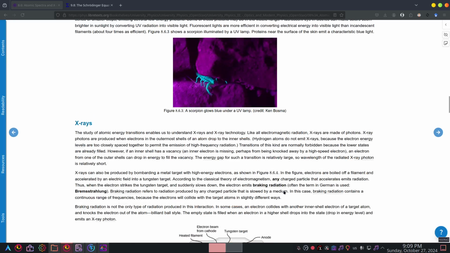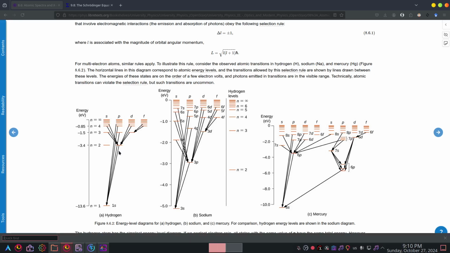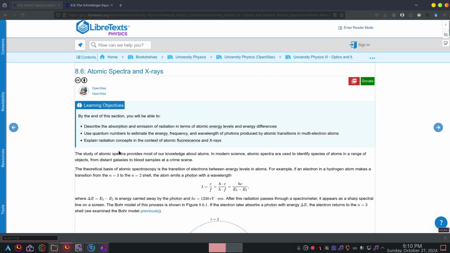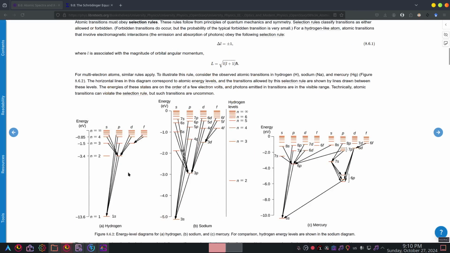So basically, we have a very fixed pattern of energy or wavelength that comes from an excited state of a hydrogen atom. Just look at this diagram here, Figure 8.62a. It's a very useful reference to have.